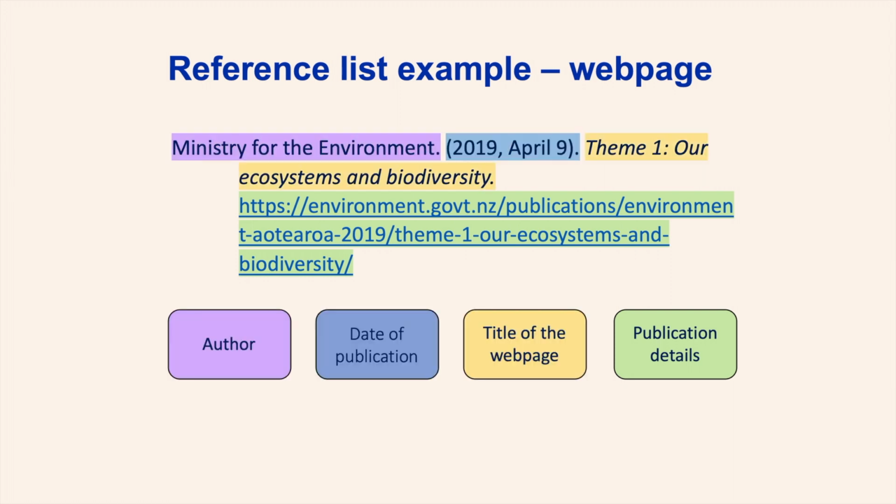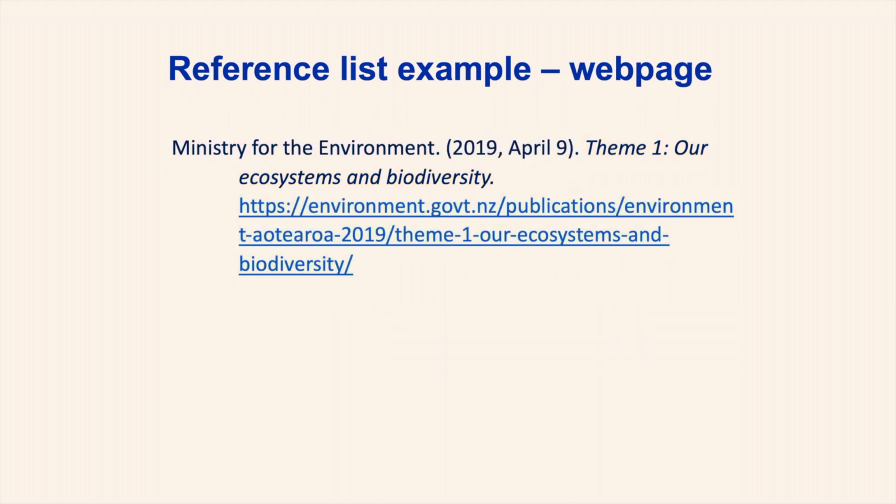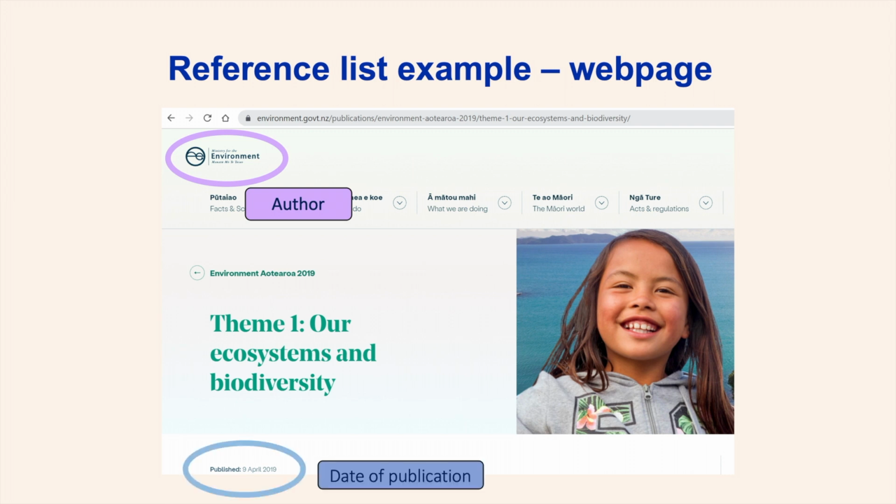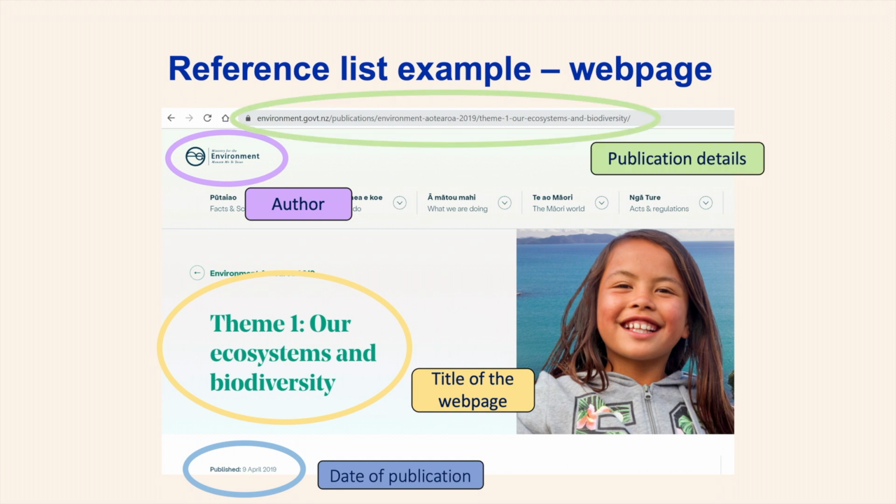All 4 parts are required with specific formatting under APA referencing style to create the reference list entry for a web page. You may wonder where to find the details for this reference. The 4 main parts are found on the web page itself: the author, the date of publication, the title of the web page, and the publication details.